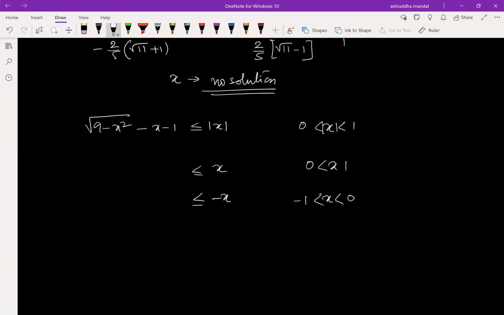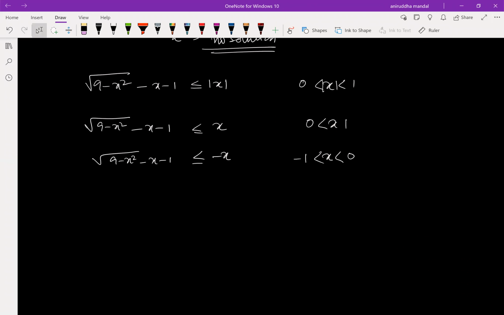Now again we have two expressions, so we solve individually. So first one is we take this one and take it to that side, so we can write 2x plus 1, and this is minus 9 minus x square.